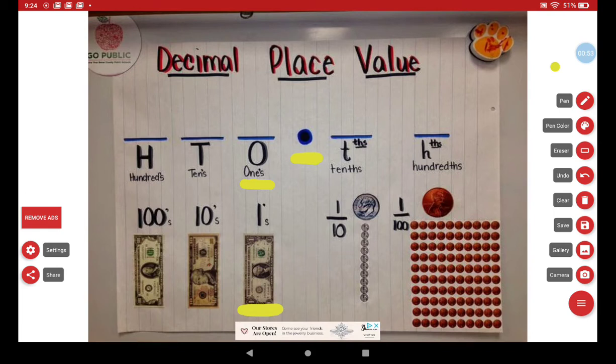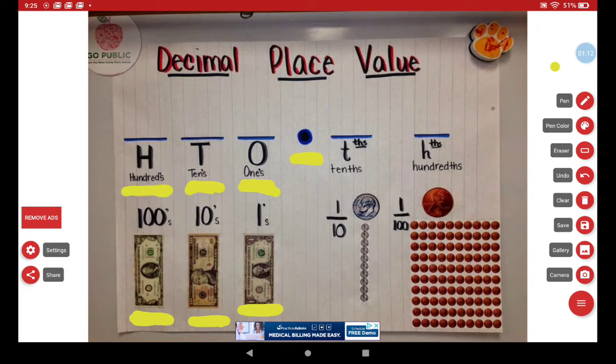If you have a $10 bill, that is 1 tens, get it? And it is 2 places away from the decimal. And if you have a $100 bill, that is 1 hundreds. And it is 1, 2, 3 places away from the decimal point.